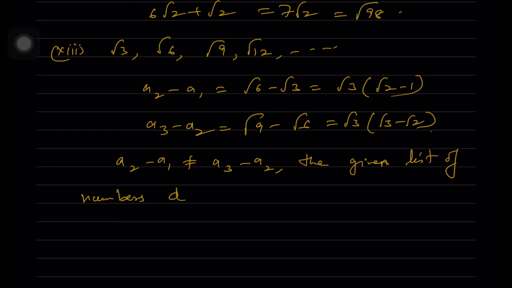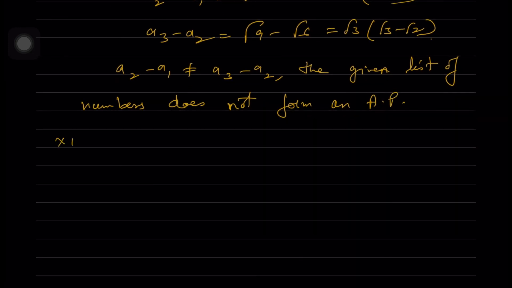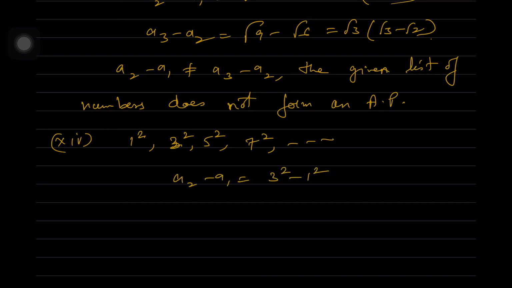Therefore here a2 minus a1 is not equal to a3 minus a2. Therefore it doesn't form an AP. The given list of numbers does not form an AP.